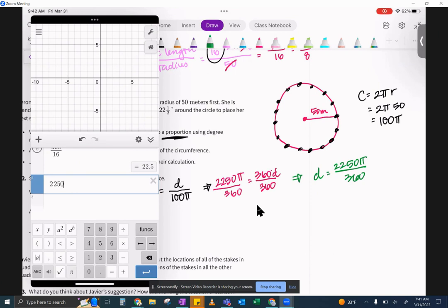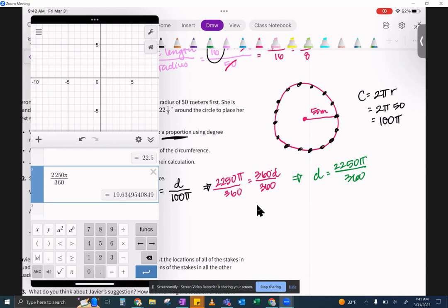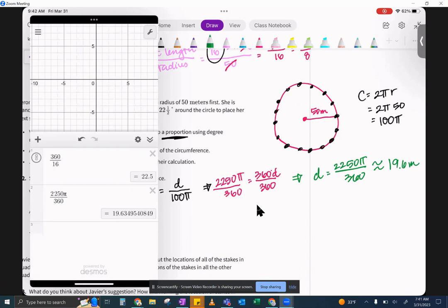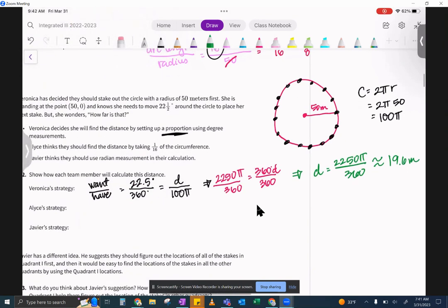Ms. Johnson, do I have to hit degrees? It doesn't matter because these are proportions, so all that stuff goes away. So this is about 19.6 meters. Are we in meters? Yeah, we're in meters. Okay, moving on.